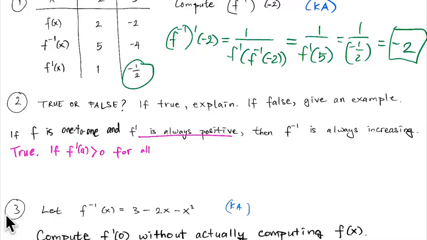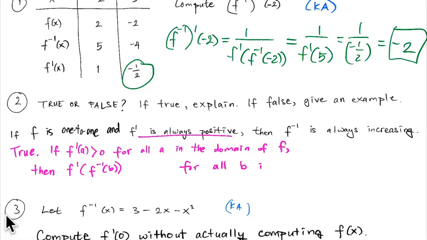If the derivative of f is positive for all a in the domain of f, then I can write f prime of f inverse of b, and anything I put in here would still be in the domain of f if I'm talking about b that are in the domain of f inverse.